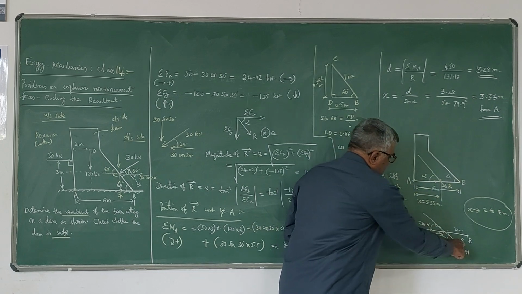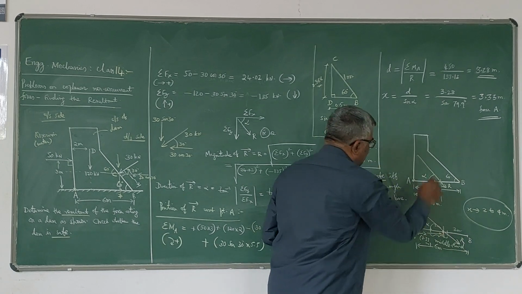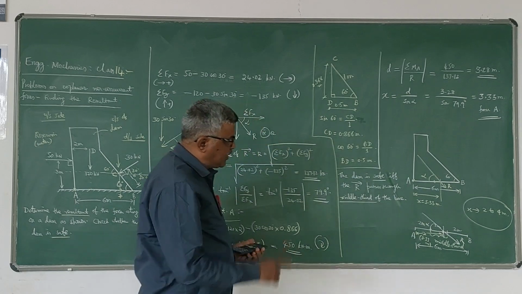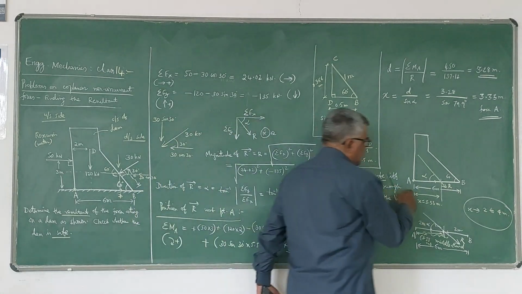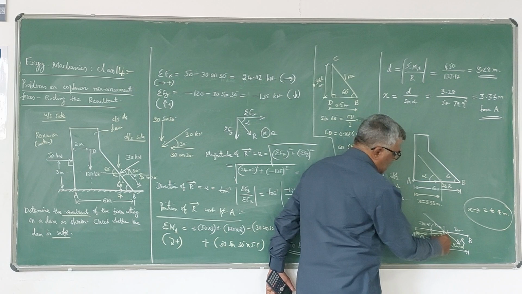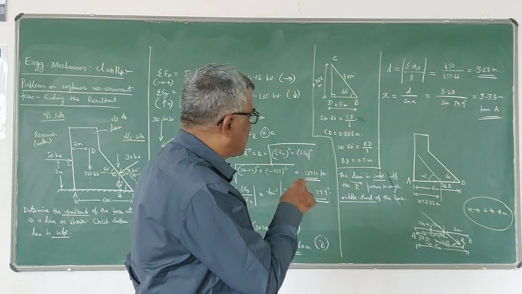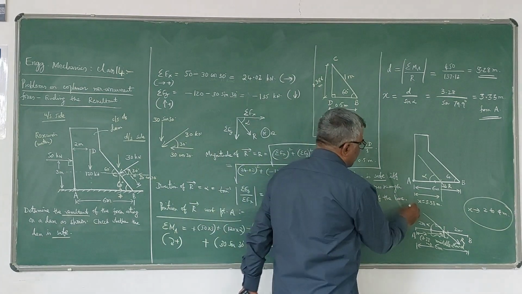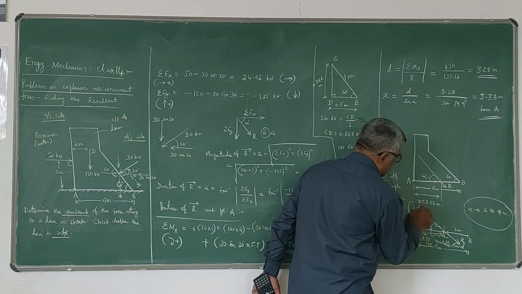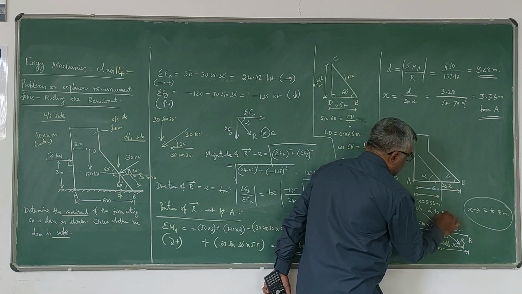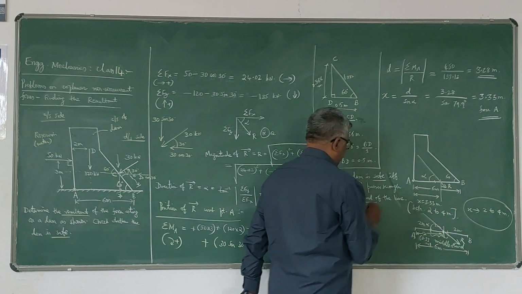This is alpha. This is R. This x-intercept distance, if it lies between 2 and 4, because the base width is 6 meters, the middle third dimension varies from 2 meters to 4 meters. In this case, the x value is 3.33 meters. So this is between 2 to 4 meters. Therefore, it is safe.